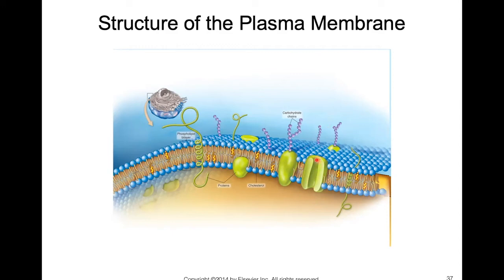Some of them are voltage gated, which means they only open when a certain voltage, a resting membrane potential, is reached. Then they open and allow a certain type of ion to move in or out of a cell. That's just one example. We have other transporters, such as co-transporters, that help to bring glucose molecules into the cell.